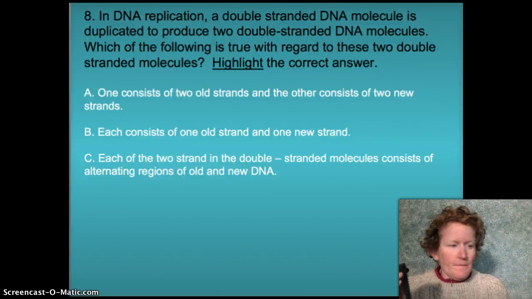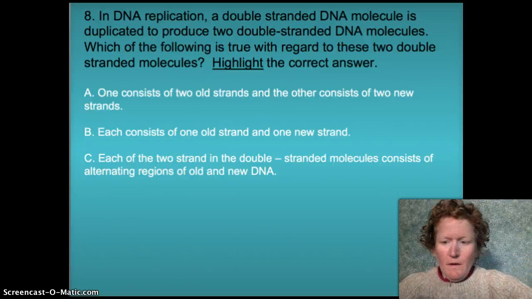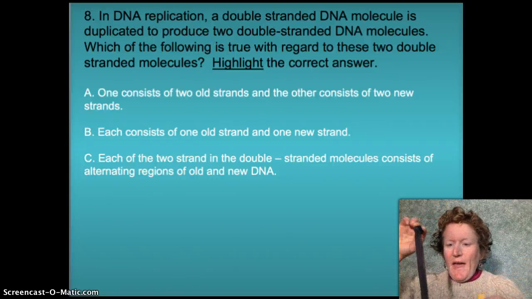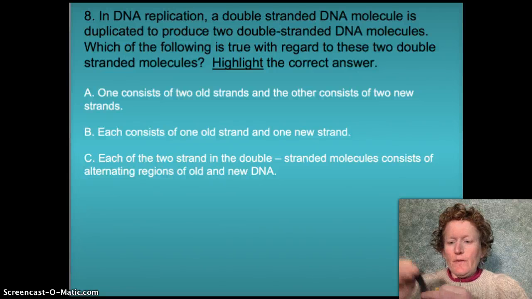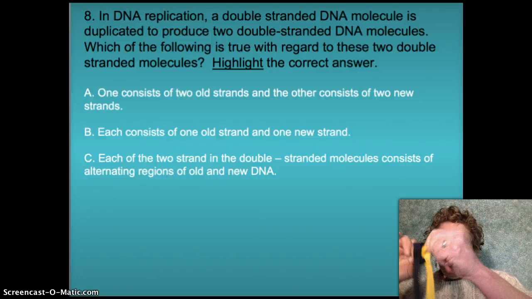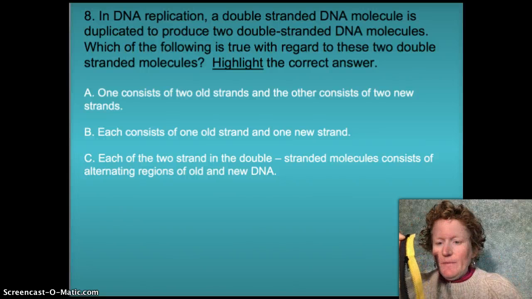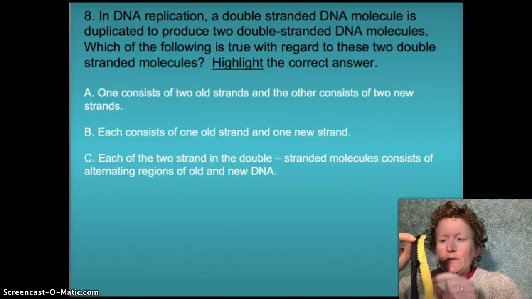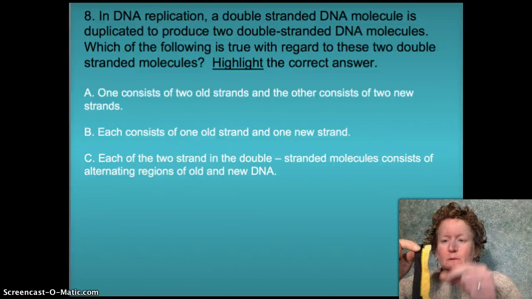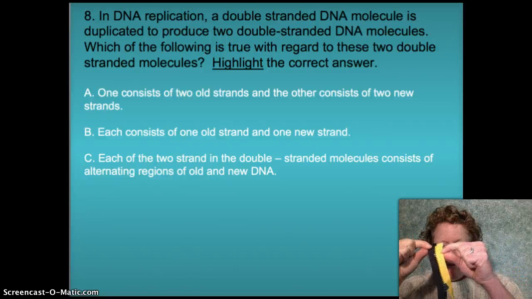And then DNA polymerase will work with half of the old DNA, the DNA we want to copy, and start bringing in base pairs one at a time and replicating. So this new DNA molecule is half of the original DNA molecule and half new base pairs.